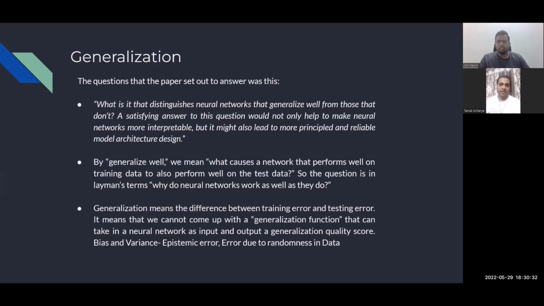By generalizing well, we mean that the network performs well on the training data set as well as on the test data set. You cannot take a model that produces 60% accuracy. You want your model to be as accurate as possible, because sometimes business decisions and many critical things depend on the model producing the right set of predictions.